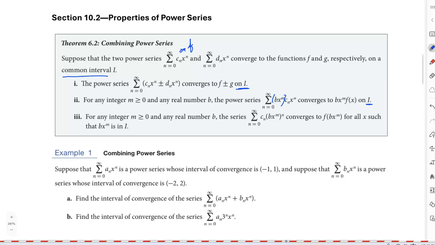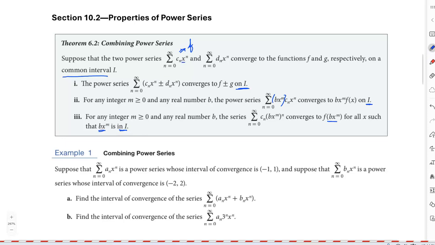For any integer m greater than or equal to 0 and any real number b, the series, the sum from n equals 0 to infinity of c sub n times the quantity b x to the m, and all of that's raised to the nth power, converges to f of b times x to the m for all x such that b x to the m is in I. So notice we're building a composite function here.